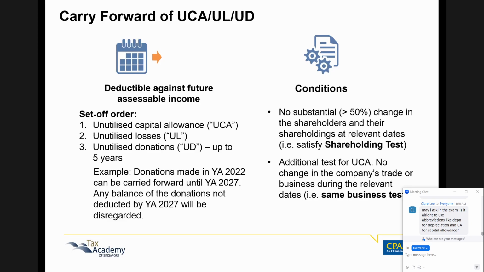Carry forward means that this year I claim CA, but I don't have enough income to set off, or I have a trade loss, or I have donations that I cannot set off against my income. These are all unutilized in the current year. I can carry them forward to deduct against my future assessable income.